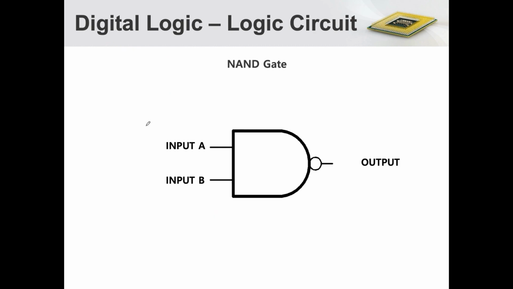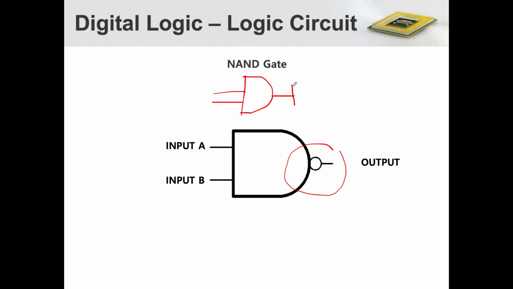Let's take a look at another gate. Basically this is the combination gate, as I mentioned previously, of your NOT gate and also AND gate. For this gate, you can see it is quite similar to the AND gate, but you have this circle or bubble over here.